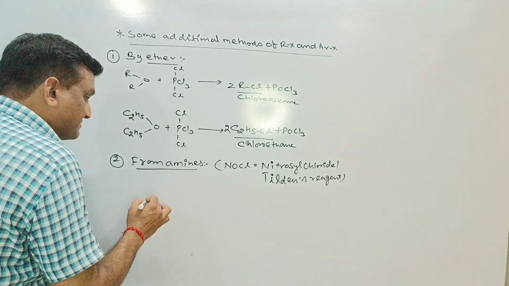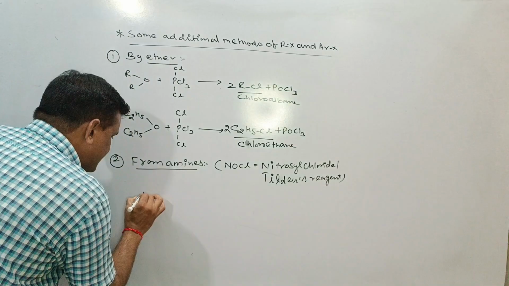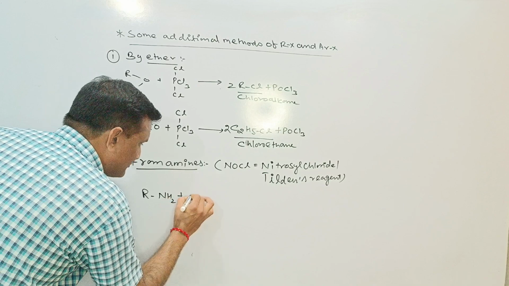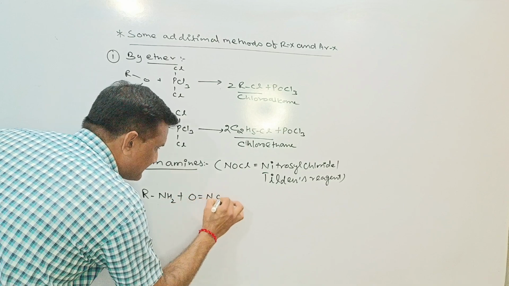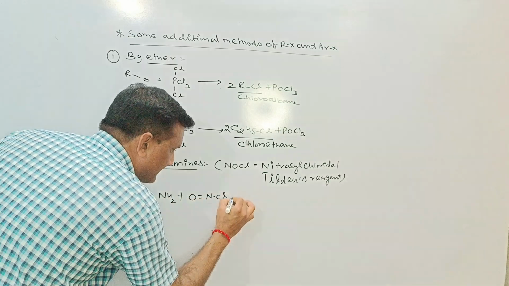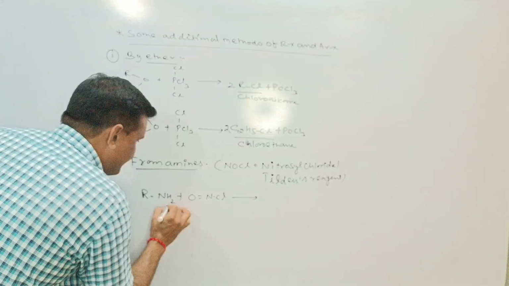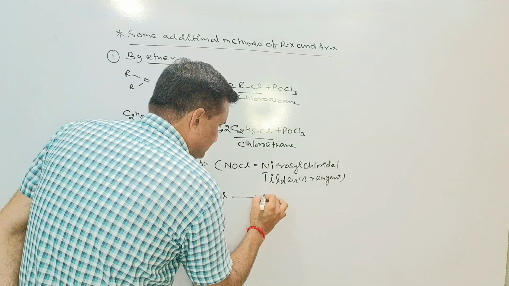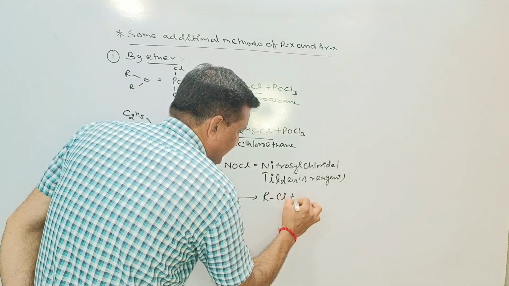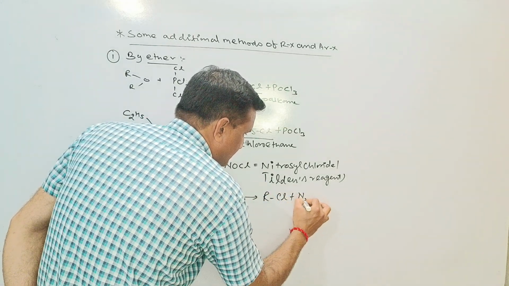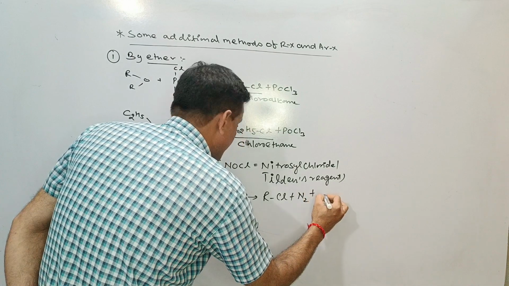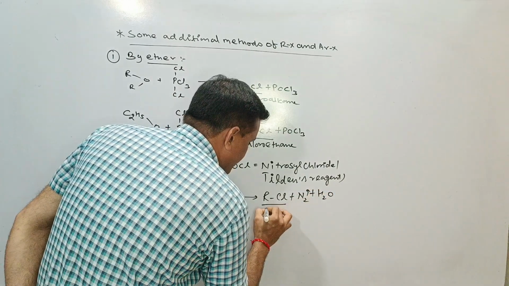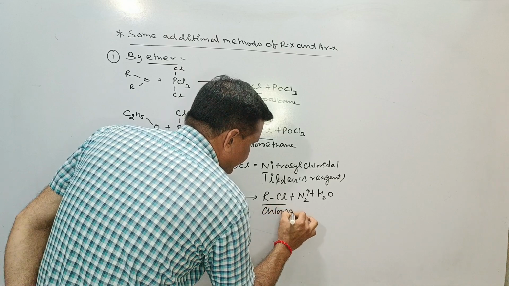If we go with the preparation method, we can take the formula RNH2 with NOCl. Here will be formation of one water molecule, separation of N2, and chloroalkane.